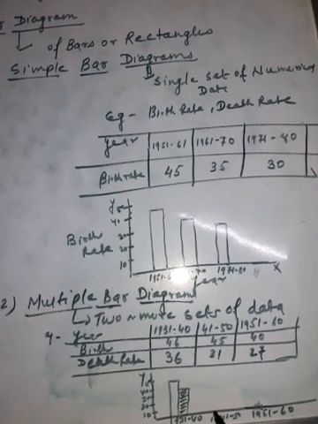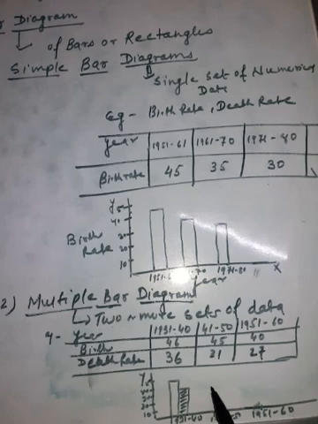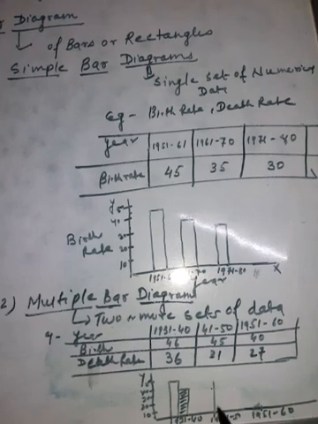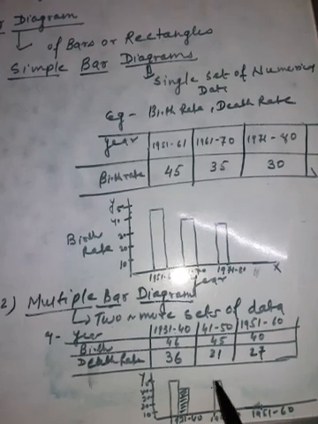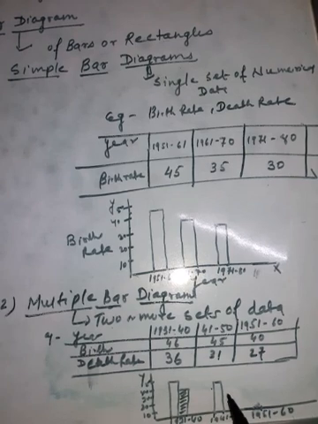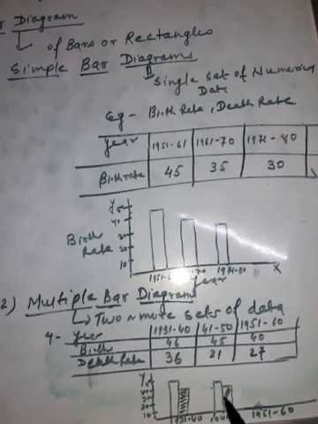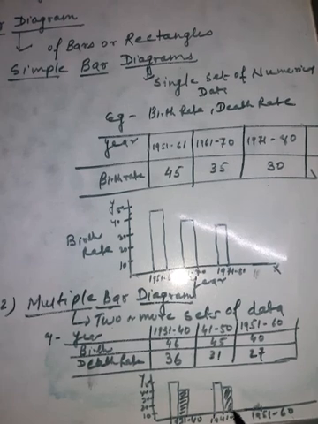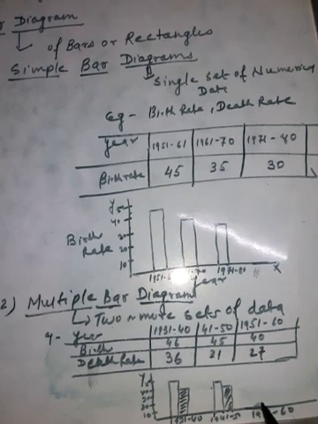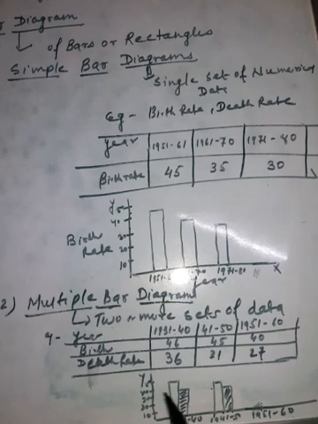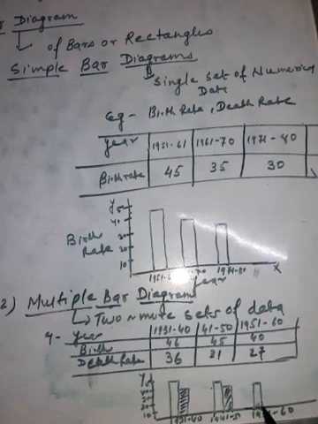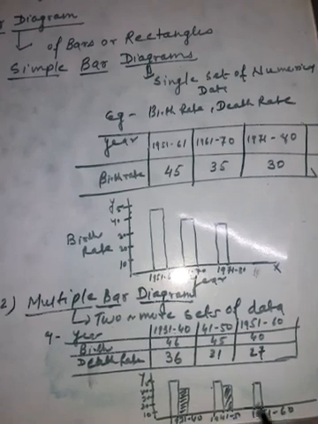Likewise in 1941 to 50, there is 45. Here 45 is the birth rate, and 31 will be the death rate. Likewise here 1951 to 60, 40 is the birth rate, and in the same year the death rate is 27, so 27 will be here.